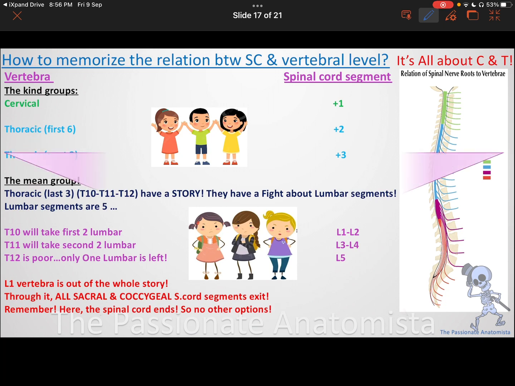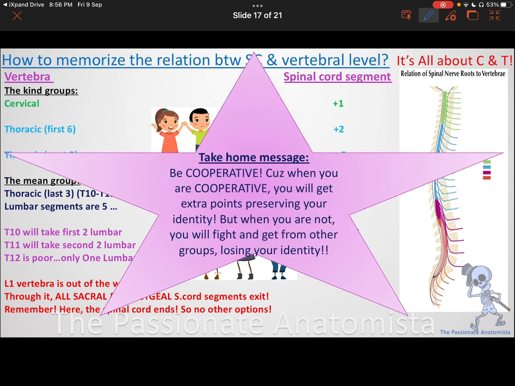All right? Now, this is a nice take-home message. Be cooperative, because when you are cooperative, you will get extra points. Extra point means we will have plus here. Preserving your identity. Identity, I mean that these are thoracic and these are also thoracic. These are the kind group, all right? They are cooperative. You will just add extra points to the same identity as yours.